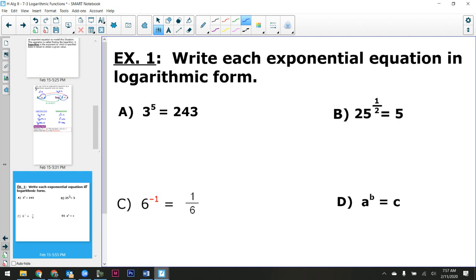Okay, I'm just going to write these up here. Did we just do 3 to the 5th? Yeah. Aw, bummer. Log base 3 of 243 is equal to 5. Log base 25 of 5 is equal to 1/2. That's interesting.